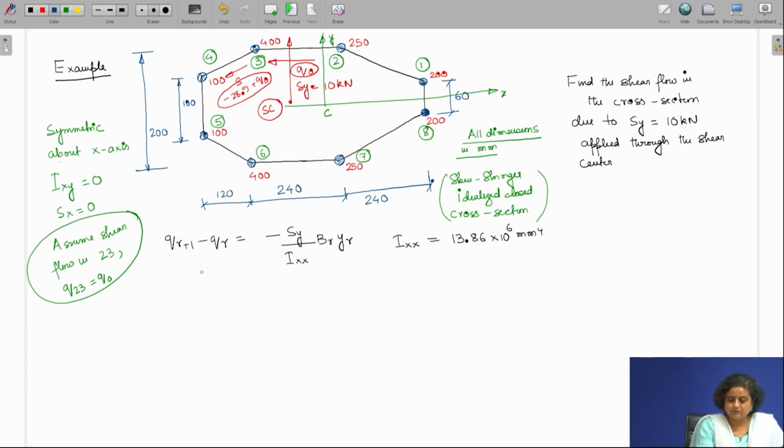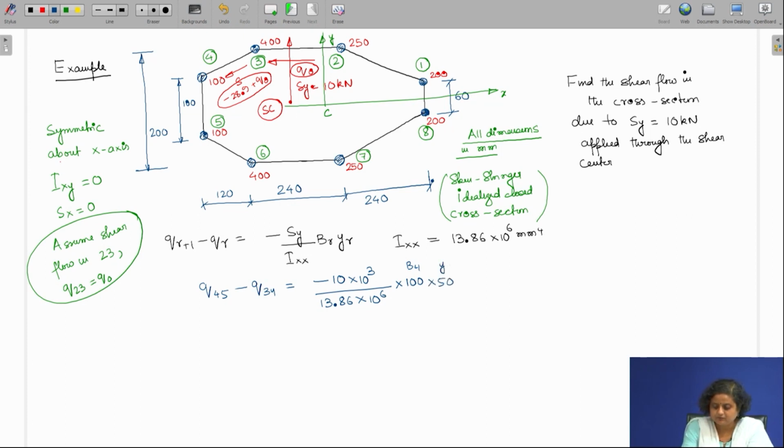So if we find out Q45 minus Q34, it is going to be minus 10 into B4. B4 is 100. So this is B4 and Y4, and Y4 is going to be 50.